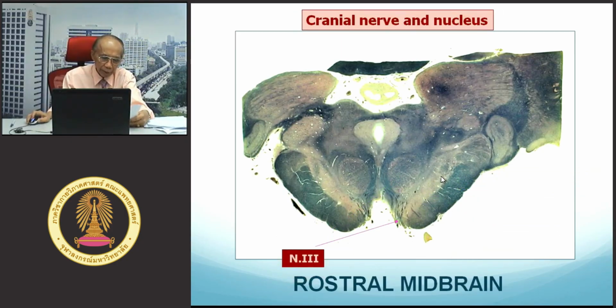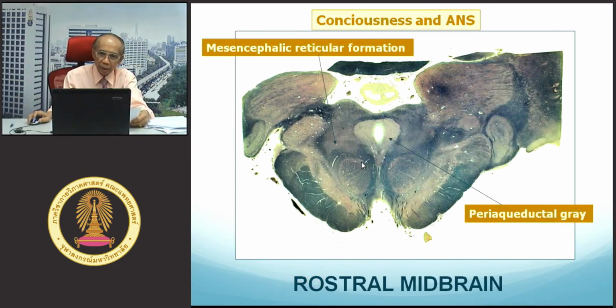The cranial nerve and nuclei include oculomotor nerve. The consciousness and autonomic nervous system will include the mesencephalic reticular formation and the periaqueductal gray.